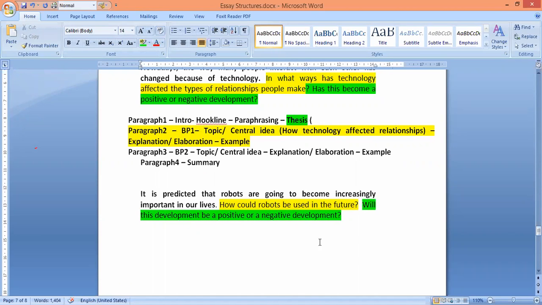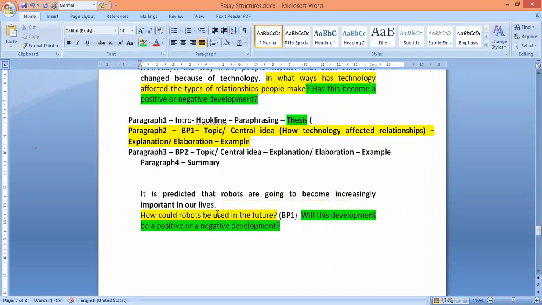Sir, it's like where they're asking a question like, will this happen or will this happen? It means we need to give our opinion, right? Yes, they are asking a question here, like, will this development be positive? Here you have the freedom to take any side. If there is an opinion and there is a freedom to give your opinion, that is the argumentative aspect.